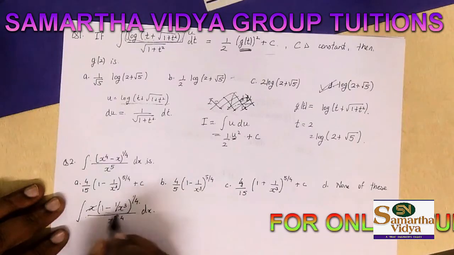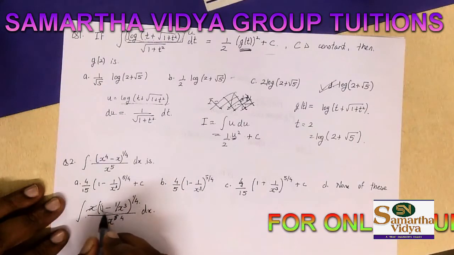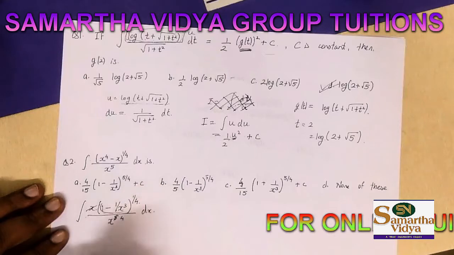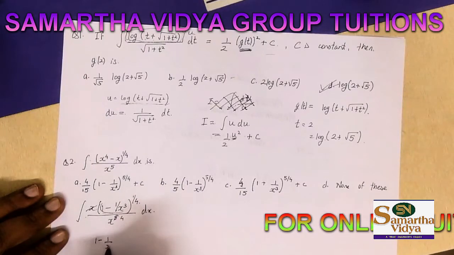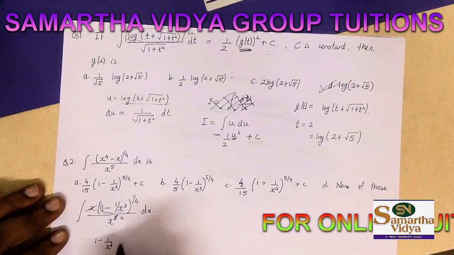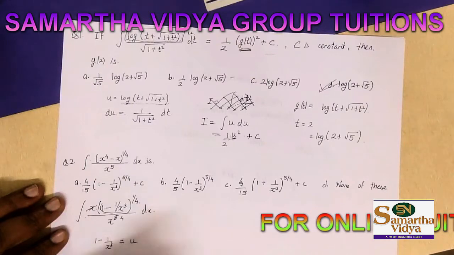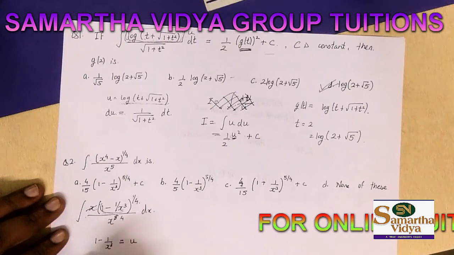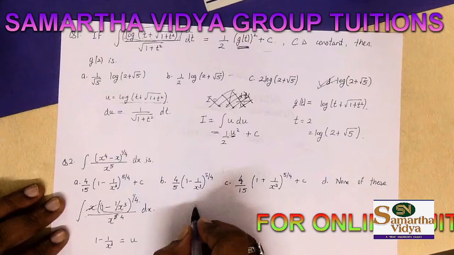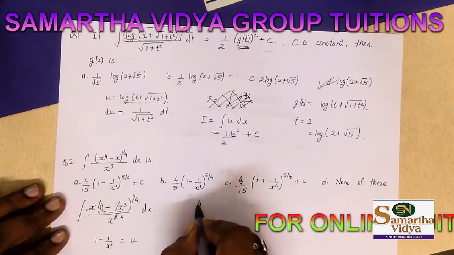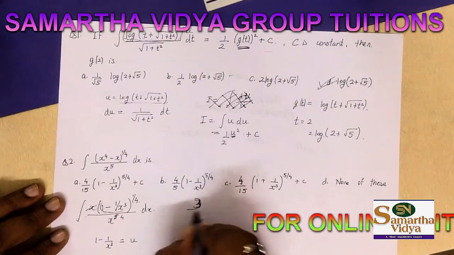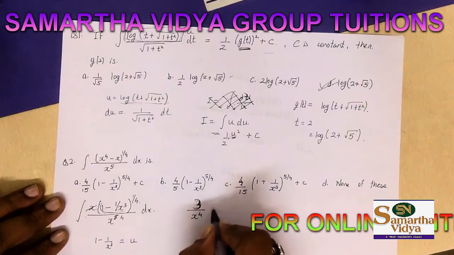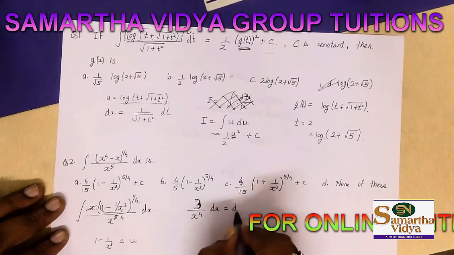You can just recollect that the derivative of the term inside, that is 1 minus 1 by x cube, if I take it as u, is nothing but 3 upon x raised to 4 dx is equal to du.